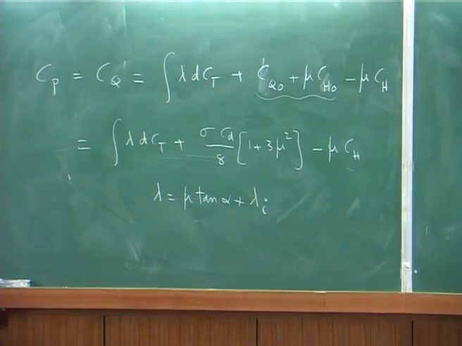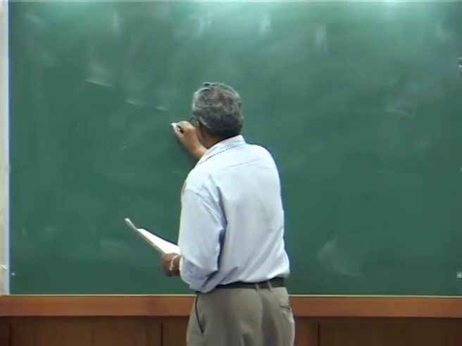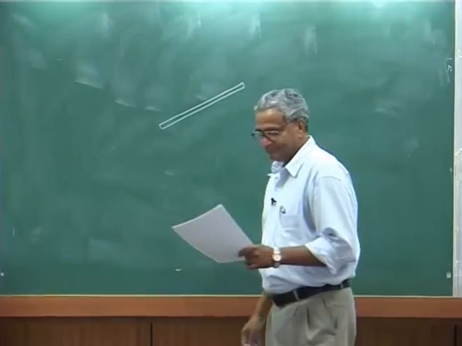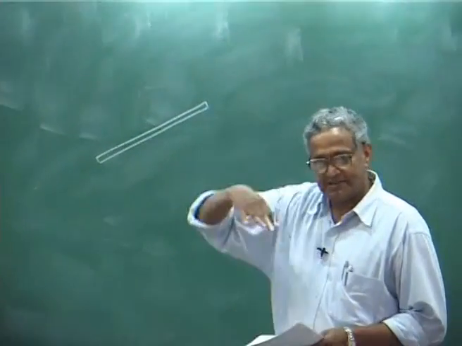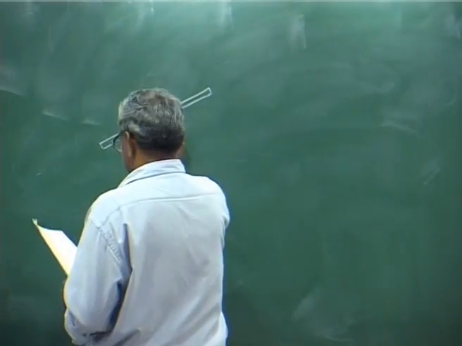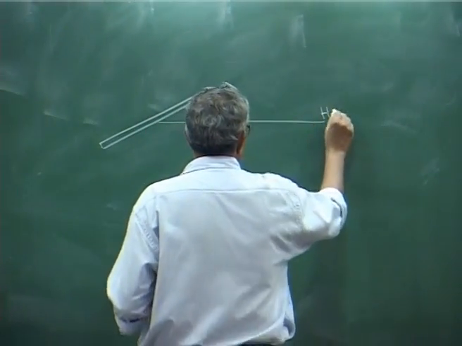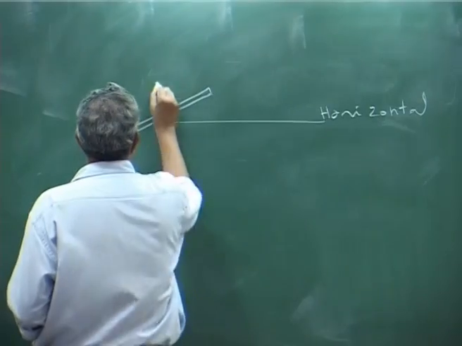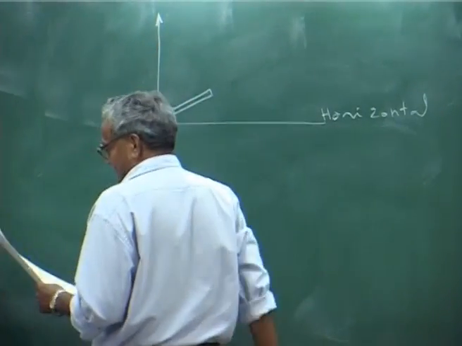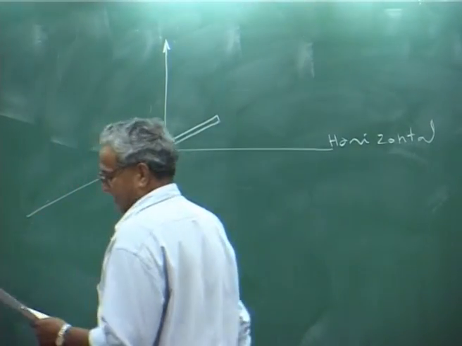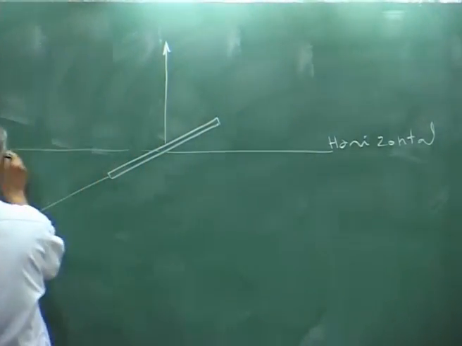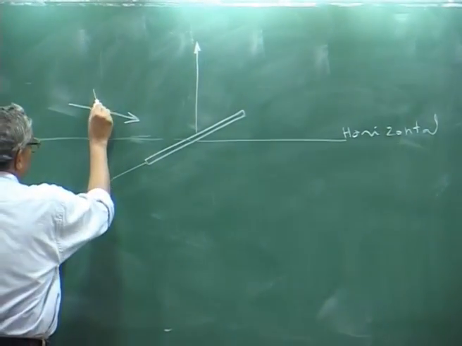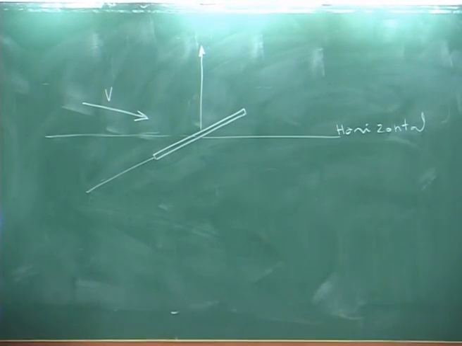Let us now draw a diagram. This is an interesting diagram. This is my hub. The hub is inclined at an angle. So, I will say this is my horizontal, this is my vertical, and the velocity is coming at this angle.